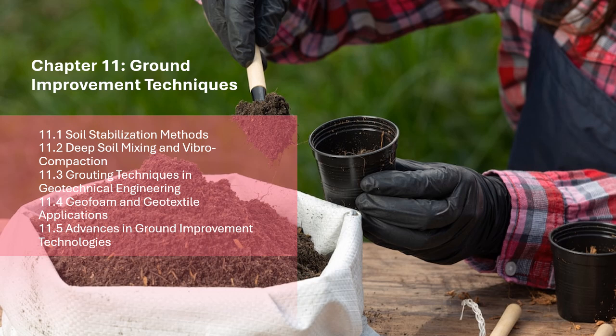Improvement mechanism. DSM forms soil cement columns by mixing binders with native soil. Vibrocompaction densifies granular soils through vibration. Binder material: cement, lime, fly ash, etc. for DSM; no binders used for vibrocompaction. Effect on soil. DSM increases shear strength, reduces permeability, and prevents settlement.